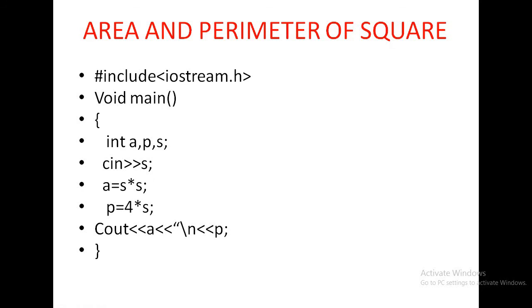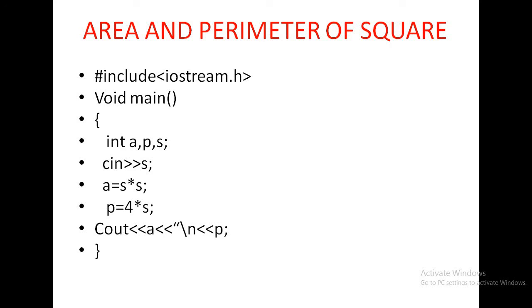Next program is area and perimeter of a square. You know what a square is. A square is a geometrical figure where all the sides are equal.